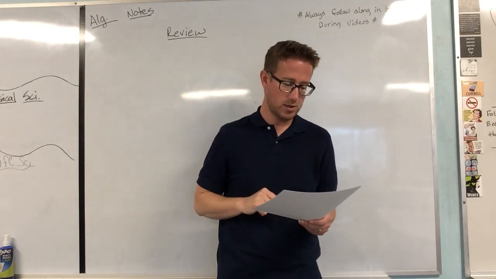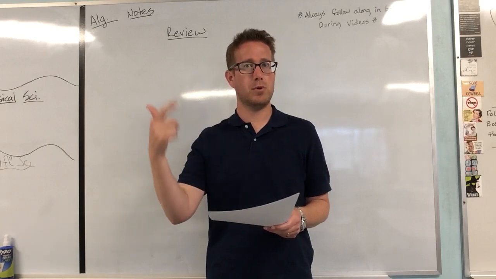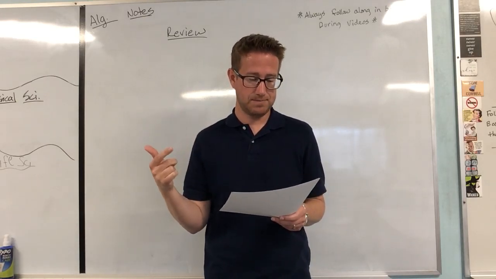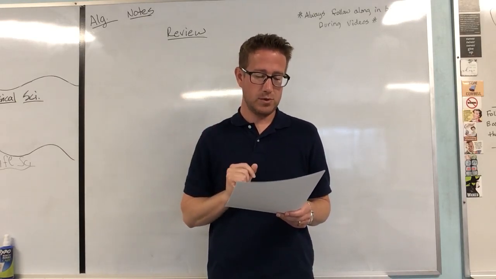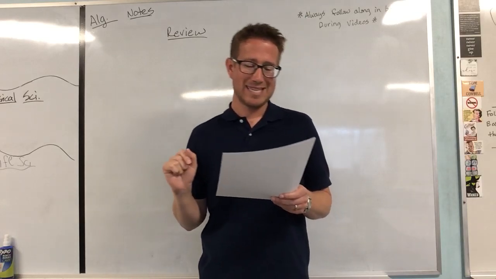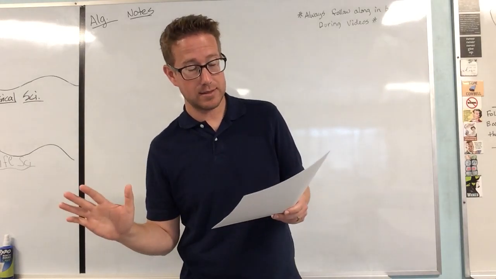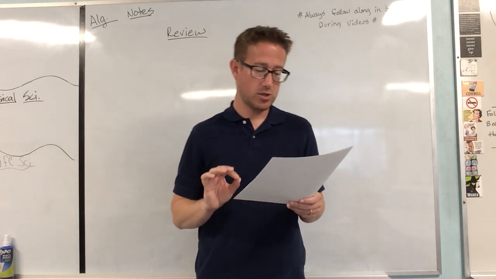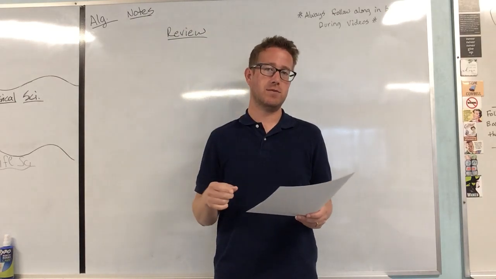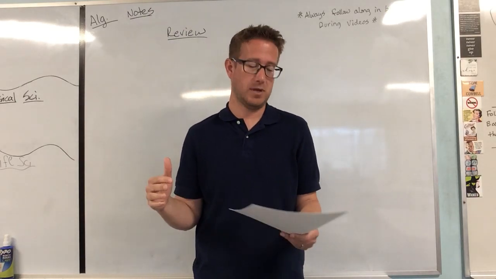All right, last question here. According to Bernoulli's principle, remember what Bernoulli's principle helps us explain. According to Bernoulli's principle, the pressure in a moving stream of fluid is what than the pressure of the surrounding fluid? Remember, fluid could be gas. This could be describing an airplane wing.